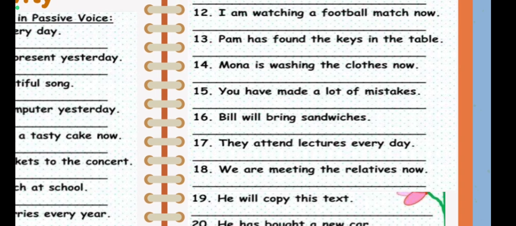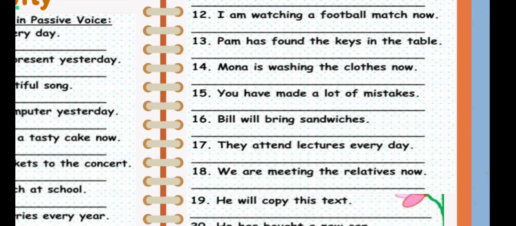Awesome. Pretty good. Now let's pass to Valerie. Can you do the 14 to the 7? Yes. Mona is washing the clothes now. The clothes is being washed by Mona.